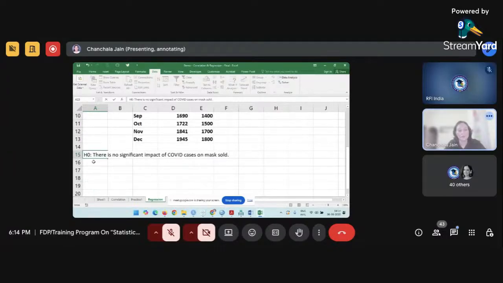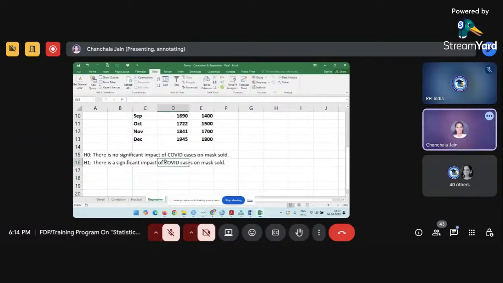There is a significant impact of COVID cases on mask sold, or sales of masks, right?